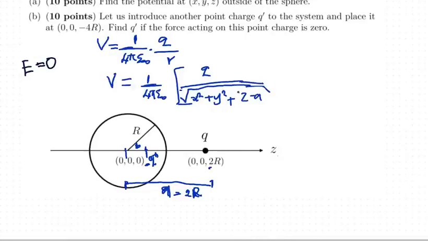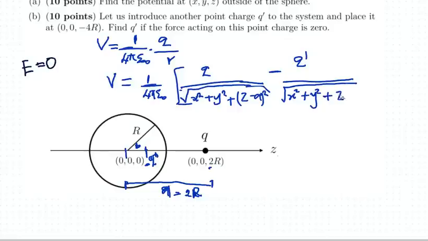Z minus a, in the sense that the charge is placed along the z coordinate. Now the potential for this part will be Q prime divided by the square root of x squared plus y squared plus z minus b squared.